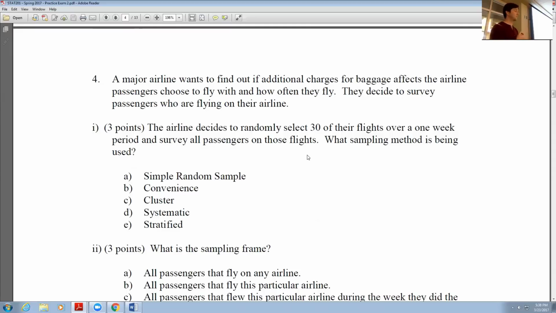At first I thought clusters, but then I thought convenience because they're only testing their airline. If it's really convenience, look for something that's really easy. A good example of convenience, which I don't think is on here, could say the airline decides to sample the first 200 customers that day, or the first 200 flights that come through.